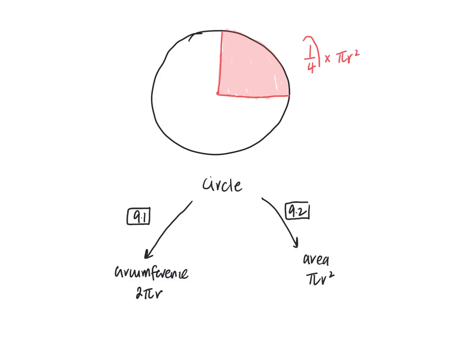How do you know it's 1/4? Because this is 90 degrees out of 360 degrees. That's why you get 1/4.